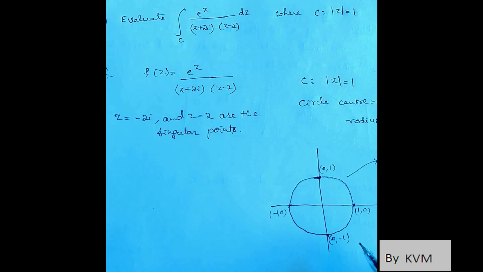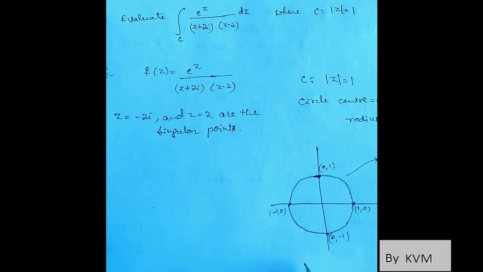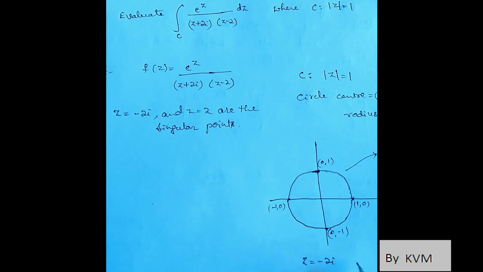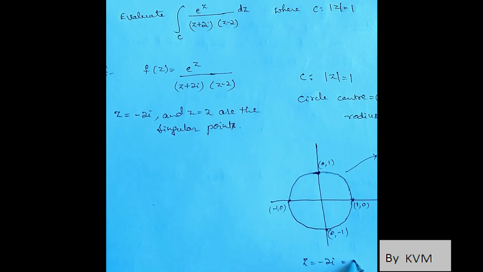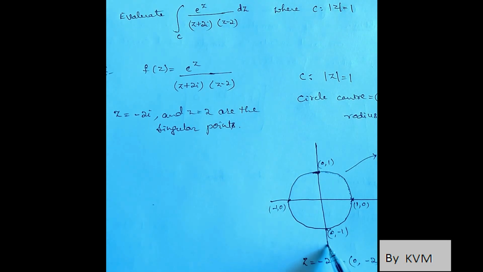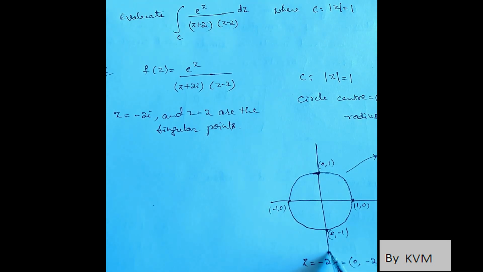So z equals minus 2i means it is an imaginary number. It is nothing but 0 comma minus 2. Where does 0 comma minus 2 lie? It lies somewhere on the y-axis. So this is 0 comma minus 2.